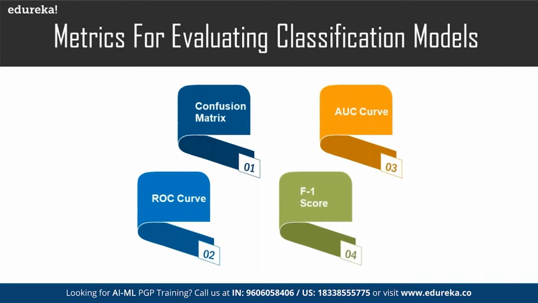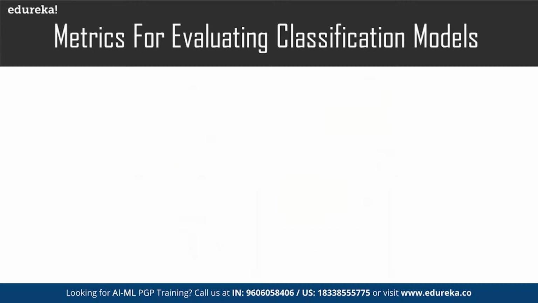I often talk about healthcare because currently we are working on a COVID-19 use case, where we get to use healthcare use cases. The F1 score is also an important evaluation metric that is widely used, like AUC. These are the evaluation metrics we usually use for classification models. While evaluating such classification models, we use these performance metrics, or error metrics, we could call them. So going further, today we're going to talk about the confusion matrix.